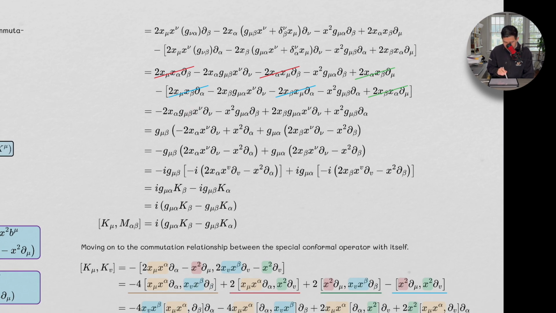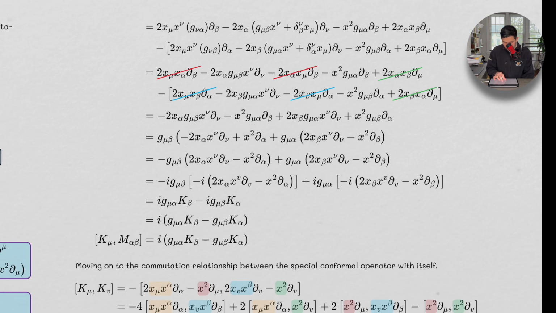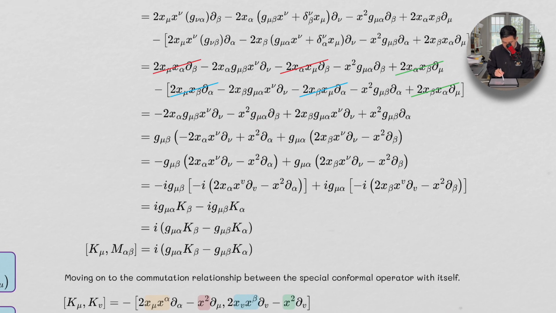This guy then, we just factor out a g mu beta, right? So here's a g mu beta, 2x alpha, x nu del nu. Take the metric out of here as well, and we just do a little bit of index gymnastics here, right?